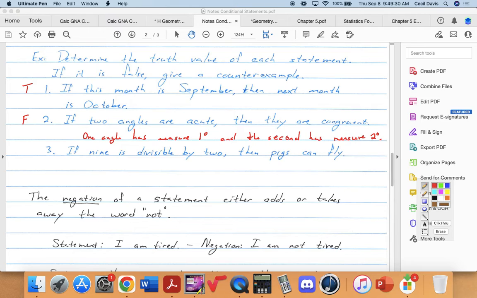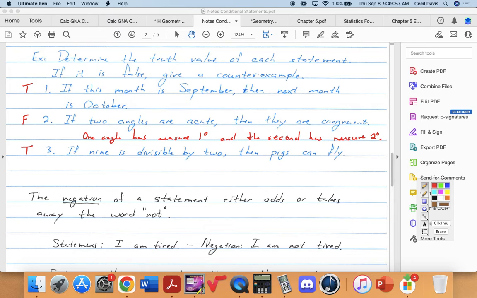Here's one of my favorite examples. If 9 is divisible by 2, then pigs can fly. True or false? Well, when you say something's divisible, that means evenly divisible.